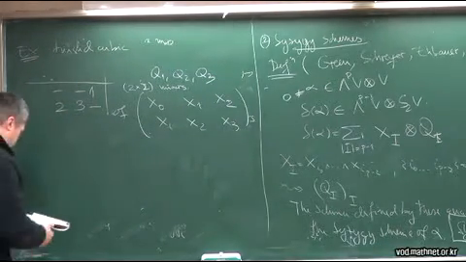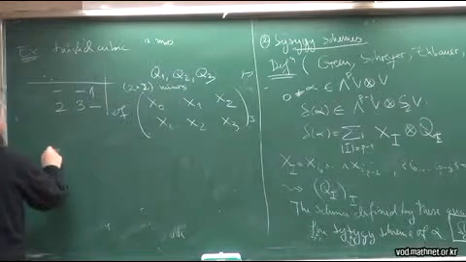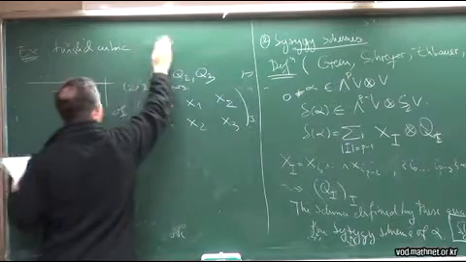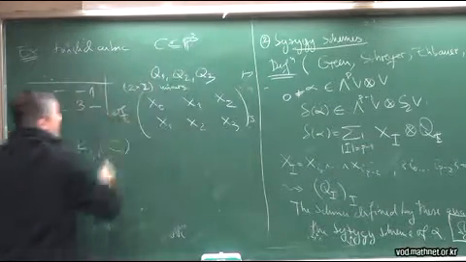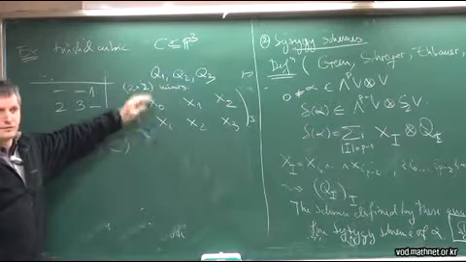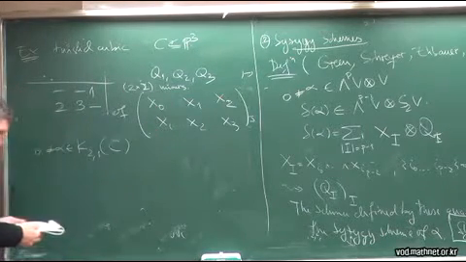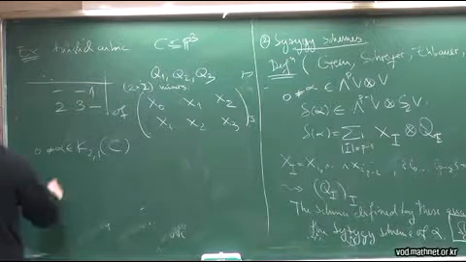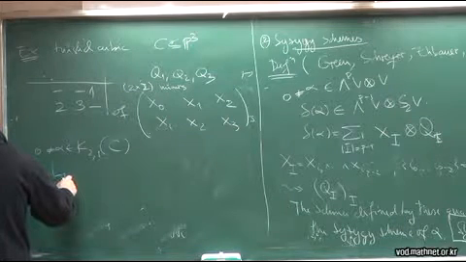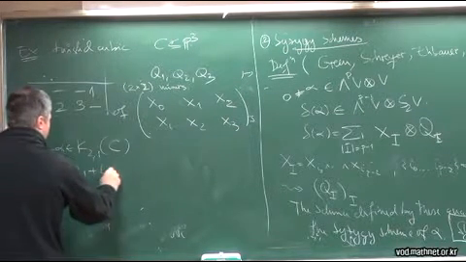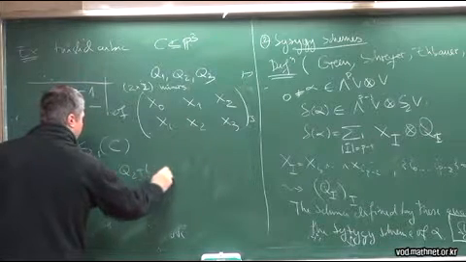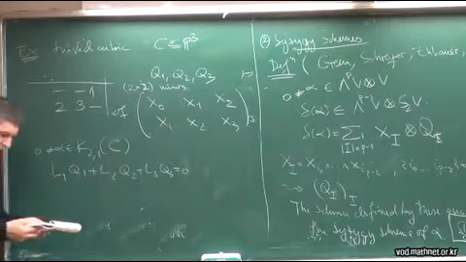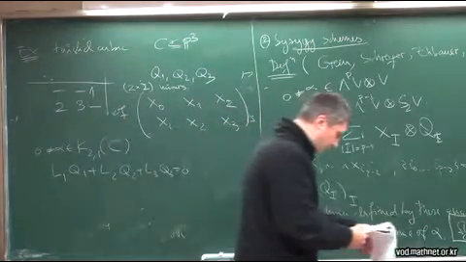And then the relations are just given by the 2 rows. And suppose we have alpha different from 0, an element in K_{2,1} of C, where C is in P^3. This means that we choose one of the 2 relations, or we can choose any combination. So we have one relation, L1 Q1 plus L2 Q2 plus L3 Q3 equals 0, where L1, L2, L3 is a combination of these.